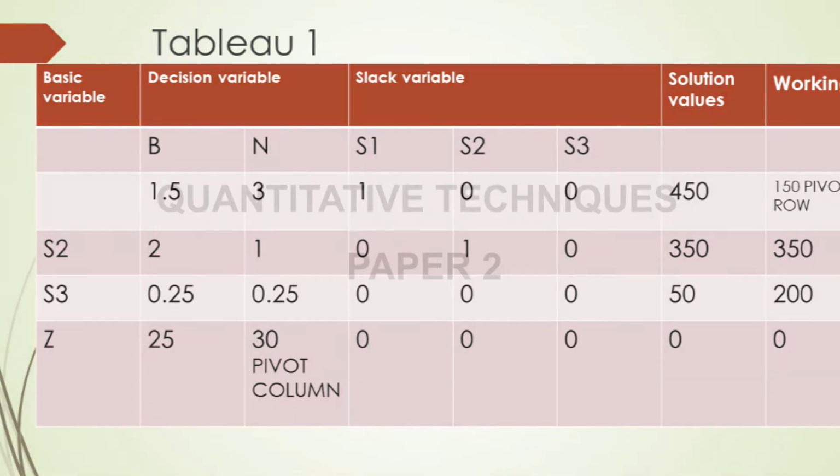Then the solution values. For the first constraint, we will have 1.5, 3, then 100, like that. Then for the second one, we'll have the coefficients picked and put them there. The third one, like that. If we had the fourth one, then we'll be having 0, 0, 0, 1.